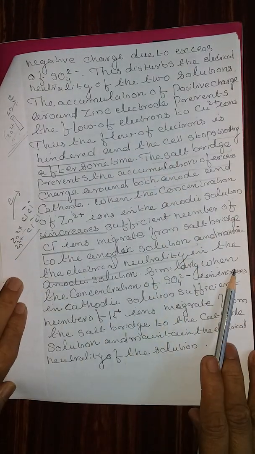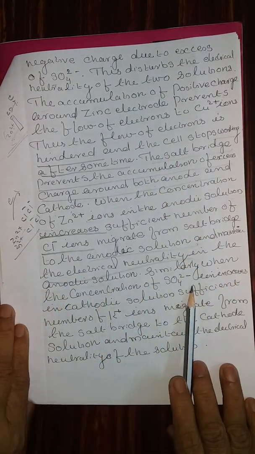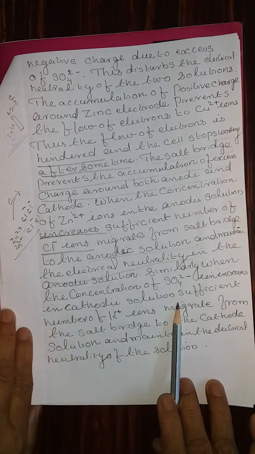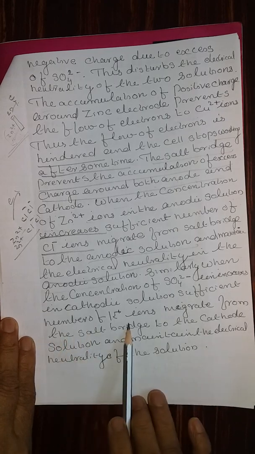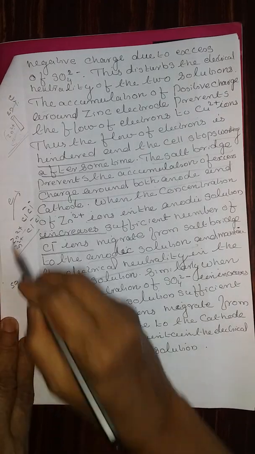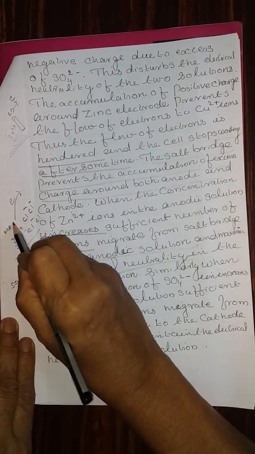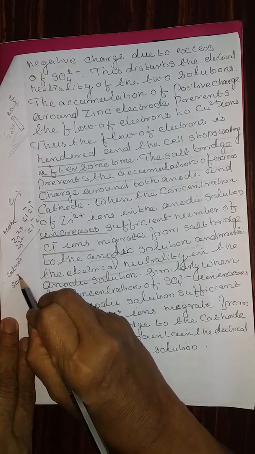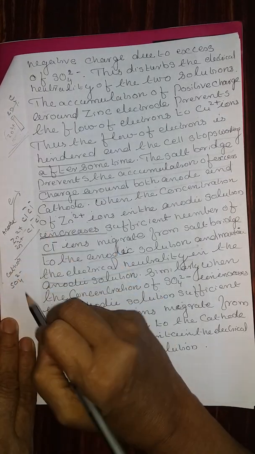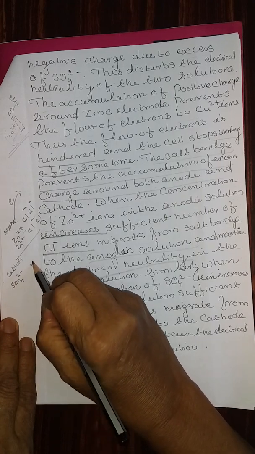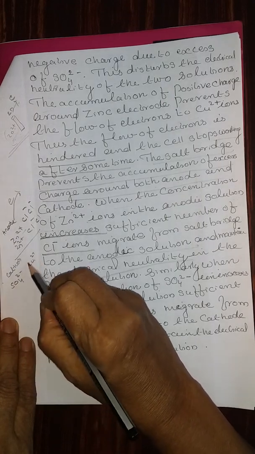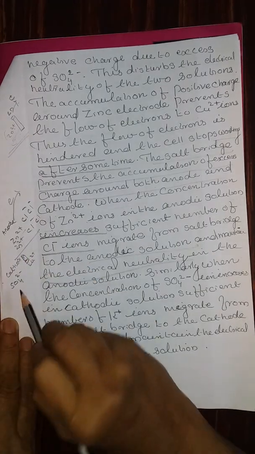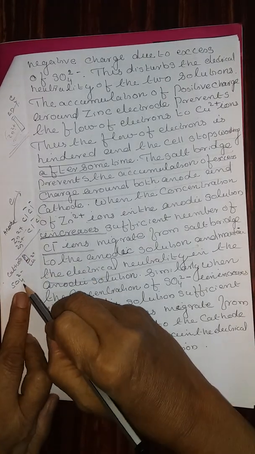Now, similarly, when the concentration of SO4 2- ions increases in the cathodic solution, a sufficient number of, that means, this is on the anode. On the cathode, what happens is that SO4 2- ions are plenty because all the Cu2+ ions are getting deposited on the cathode. But these SO4 2- ions are there.